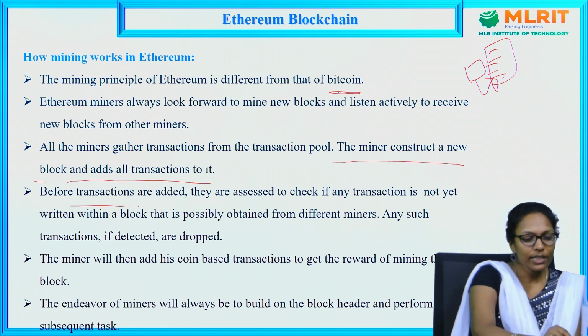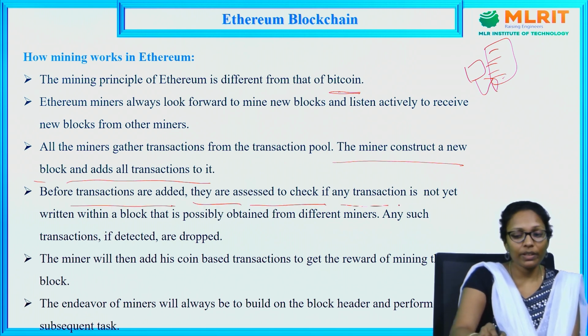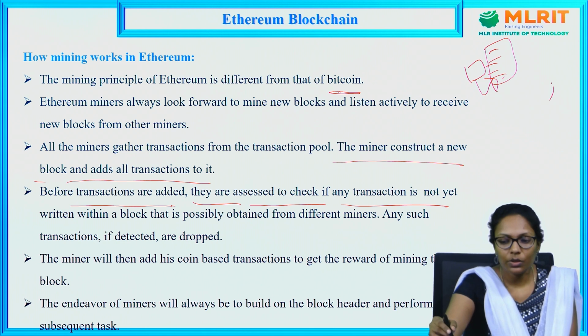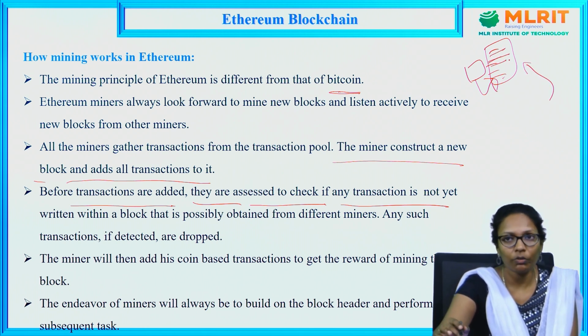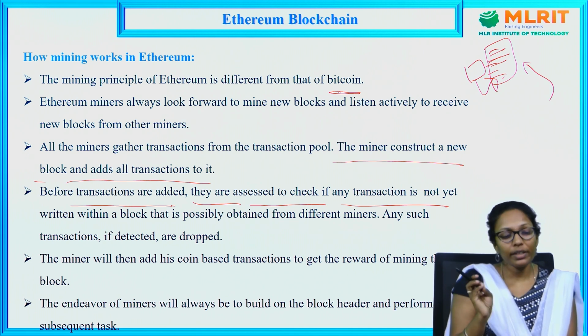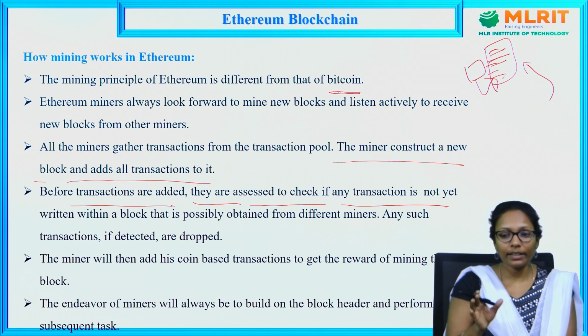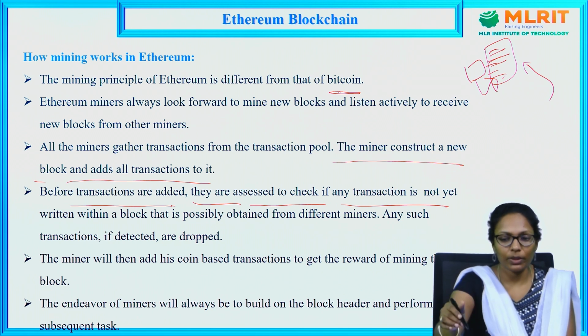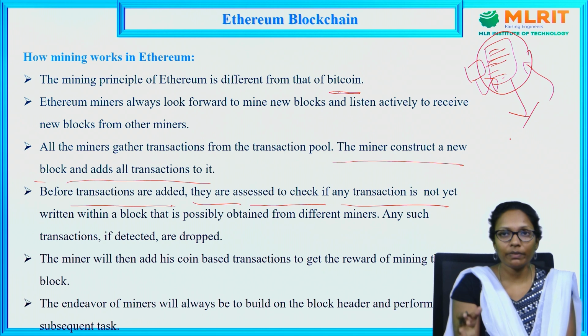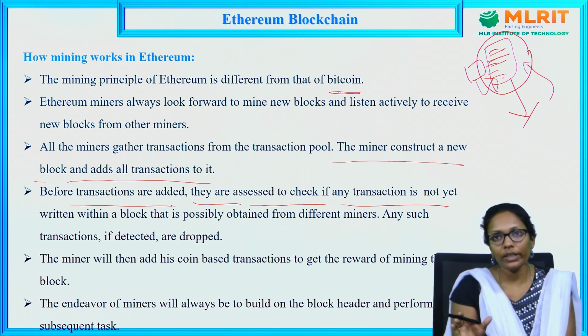Before transactions are added, they are assessed to check if any transaction is not yet fully written within a block. For example, this node wants to write a transaction, but that transaction is only half written. Because of some reason, the node has written only half of the transaction. Before releasing this block for mining purposes, we will check whether the block is fully written or not, whether all the transactions are complete or not.